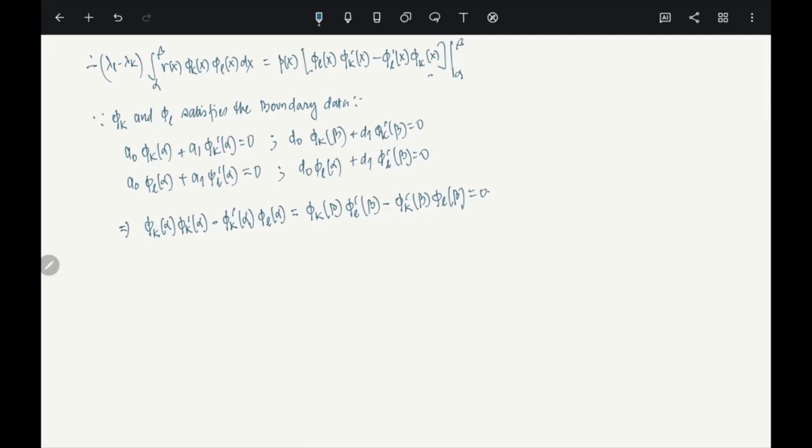Now once this is there, if you put this condition here, it means that this integral from beta to alpha, if you calculate it from here and here, this part is 0 because p is given to be positive, and therefore what we have will imply lambda l minus lambda k times the integral from alpha to beta of r of x phi k of x phi l of x dx has to be equal to 0, for k not equal to l.